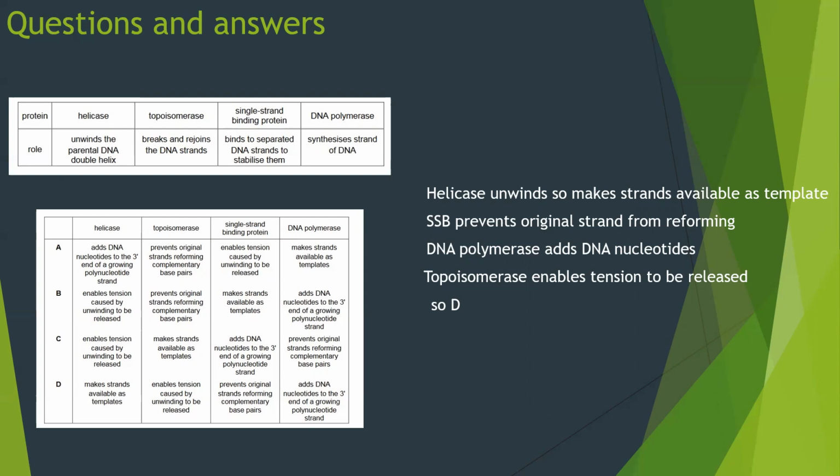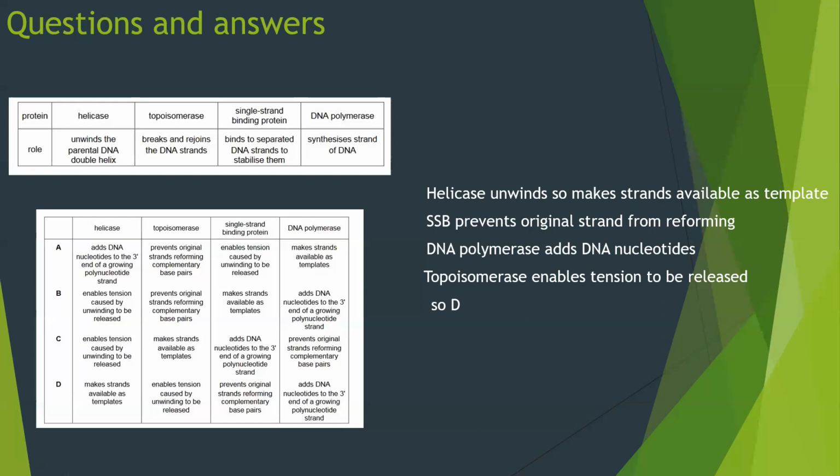So it prevents the original strands from reforming the double helix structure. So I would say the answer would be D, because it's a bit difficult to guess what the topoisomerase role and function would be without prior knowledge.